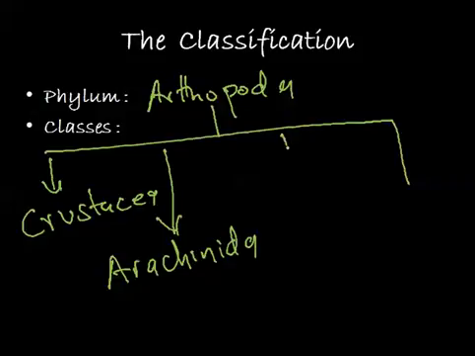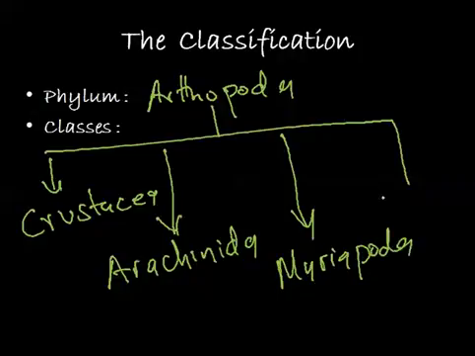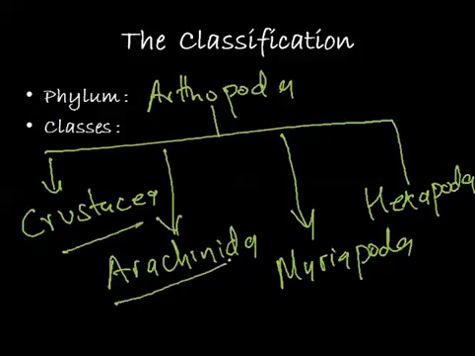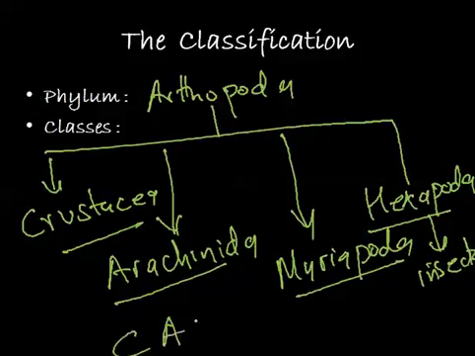The third subclass is Myriapoda, and the fourth subclass is Hexapoda. So we have Crustacea, Arachnida, Myriapoda, and Hexapoda. Hexapoda is also called Insecta. So, CAMH. These are the four classes under the phylum Arthropoda.